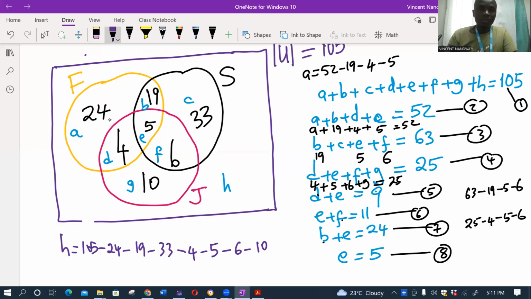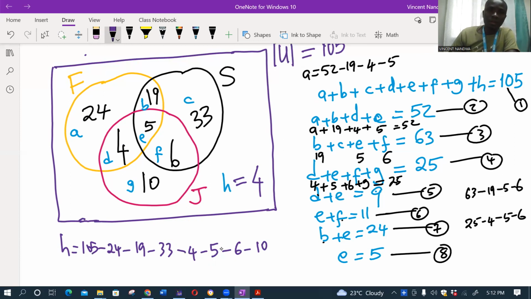So 105 minus 24 minus 19 minus 33 minus 4 minus 5 minus 6 minus 10 gives us 4. So H is equal to 4. So that's the complete Venn diagram that you are to write as per the first part of the question.